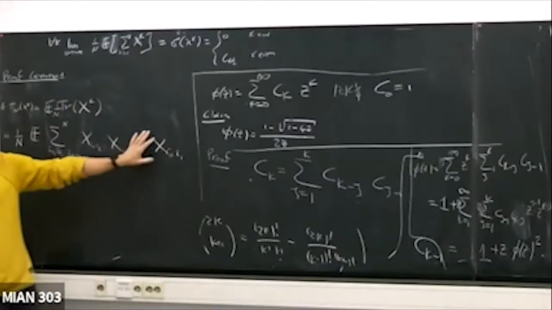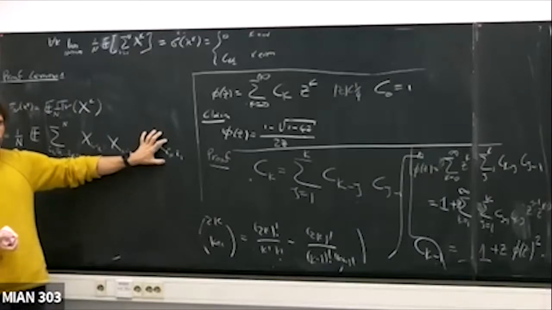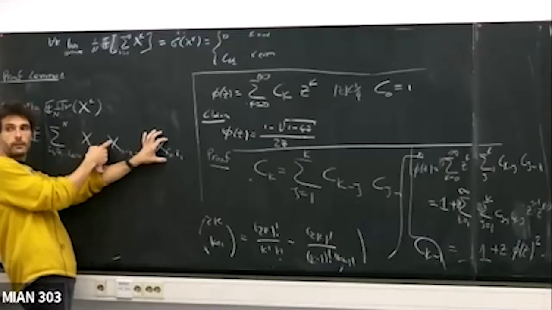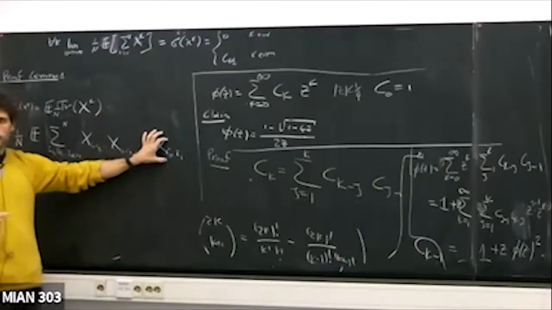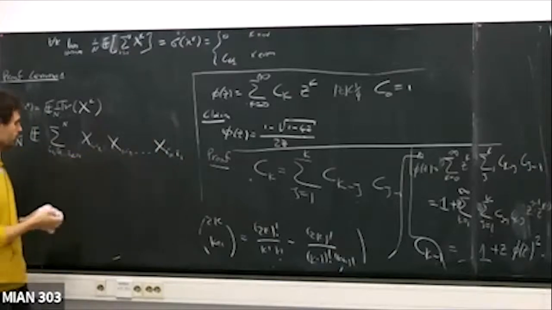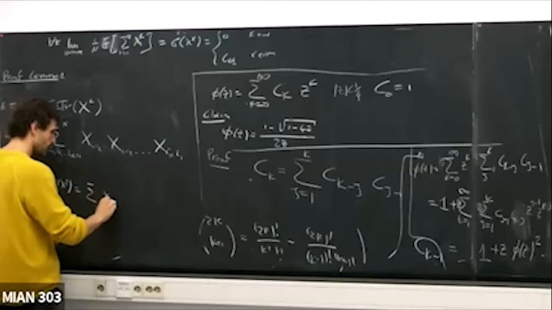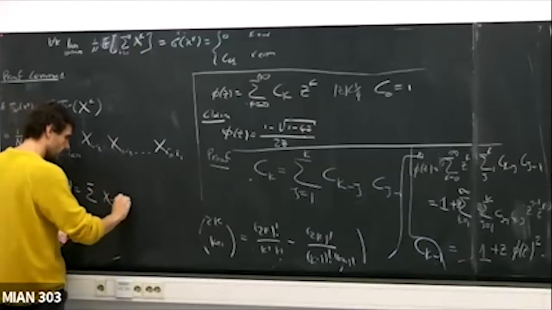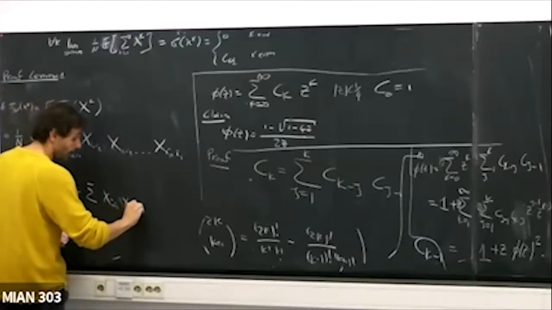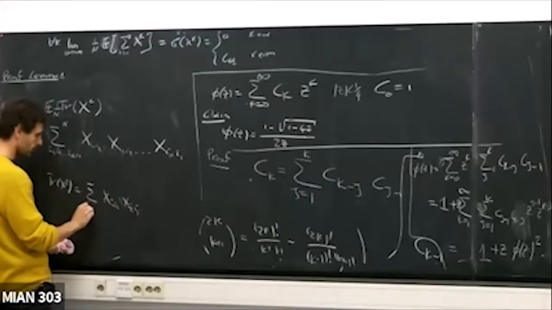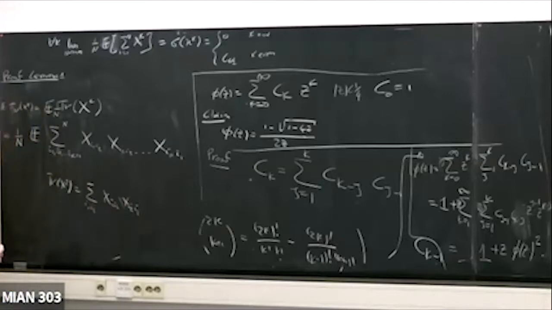For instance, if I take this and I sum over i_2, this is the component (i_1, i_3) of x squared. So if I have to do, for instance, the trace of x squared, I have to sum x_{i1 i2} x_{i2 i1}, because for the trace I have to sum over the diagonal, over i_1 and i_2. And then I have to take the expected value.